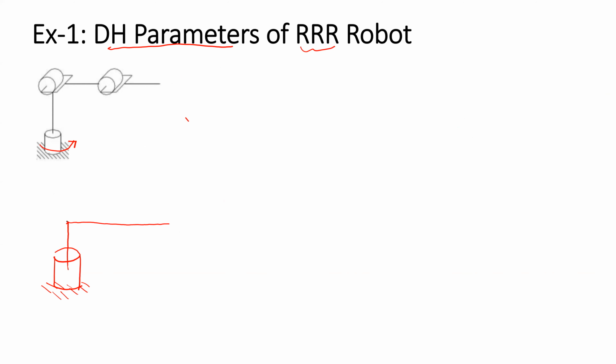But after we rotate the joint about the vertical axis, if we rotate the joint by theta 1 about the vertical axis, what we have is we change this direction by theta 1.